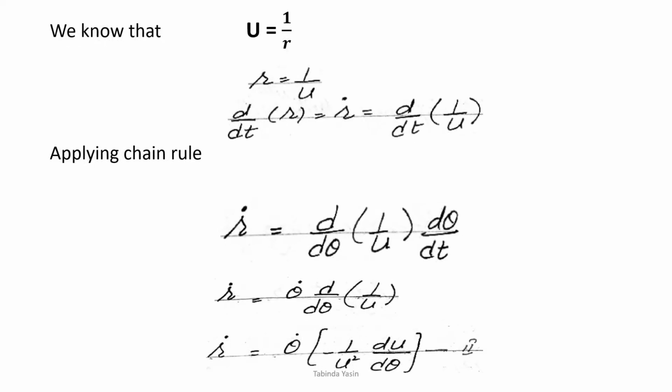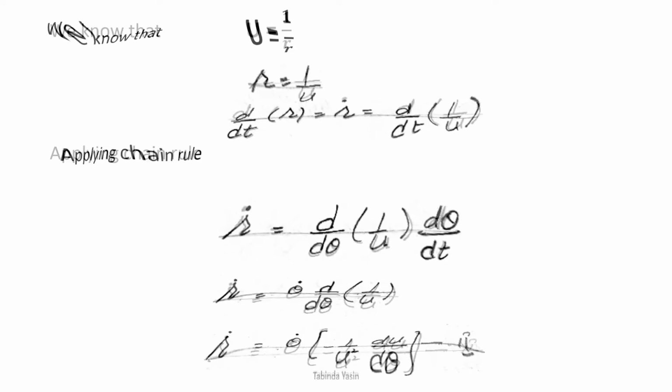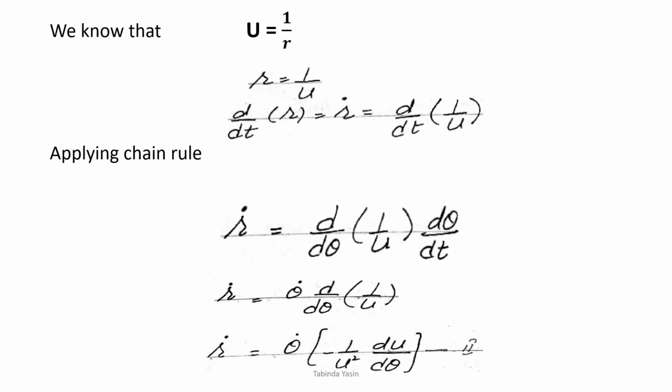Here we know that u is equal to 1 over r. From here we will find the value of r, that is r is equal to 1 over u. Then we have to find the differential of r, so we will take the differential d by dt into r. You know that the first differential of position vector r is represented by r dot is equal to d by dt into 1 over u.